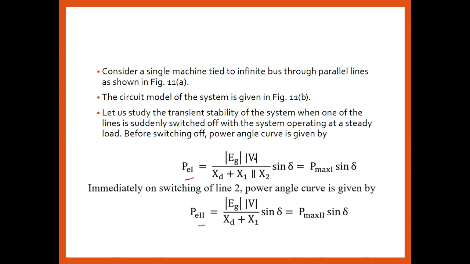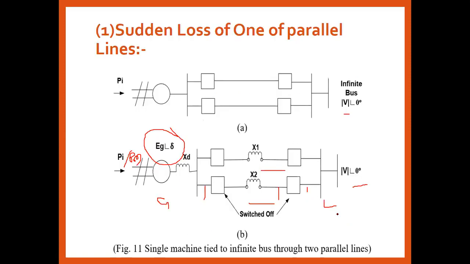So EGV upon XT plus X1 parallel to X2 times sine of delta, that is Pmax1 sine delta, and that is Pmax2 sine delta. This is Pmax2 sine delta for the second line, and this is the first line.